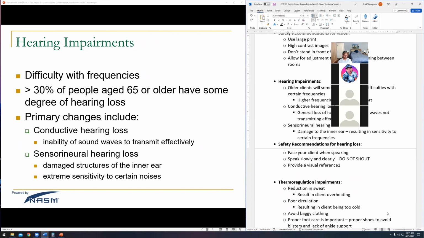When we get older, it sometimes becomes harder to hear at certain frequencies. Your voices are probably a little bit higher pitched than some of the male people in this room. Women tend to have a slightly higher pitched voice, which means the air frequency is vibrating a little higher, and that is actually harder to hear for older clients.